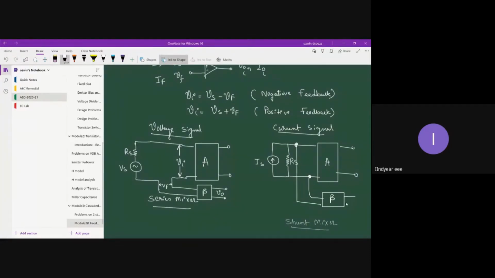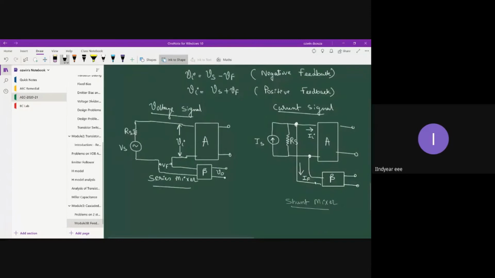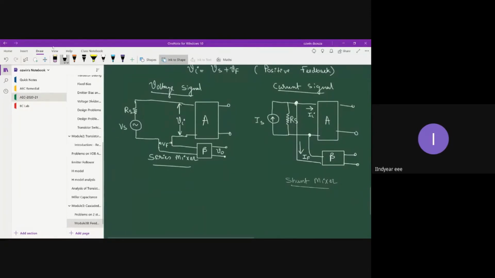This is your input current, II, and this is your feedback current, IF. This is the connection diagram of the shunt mixer.